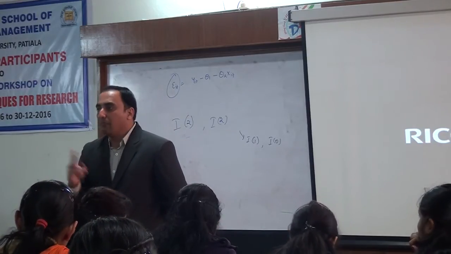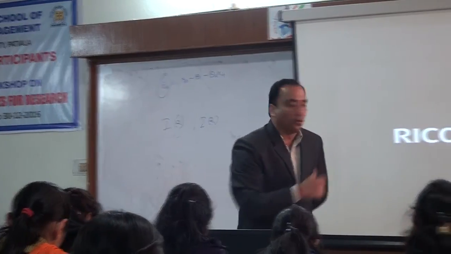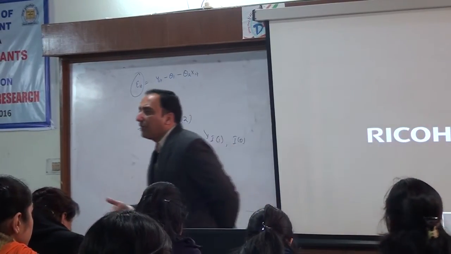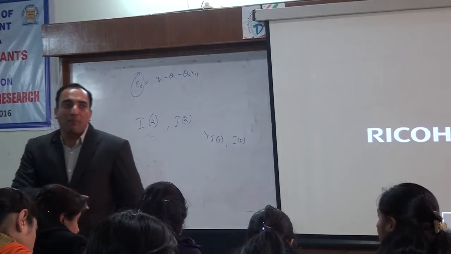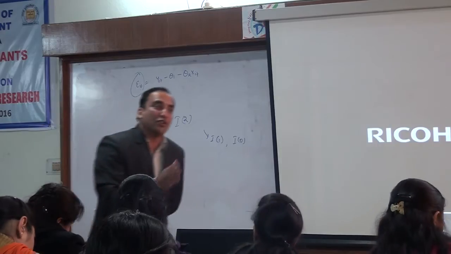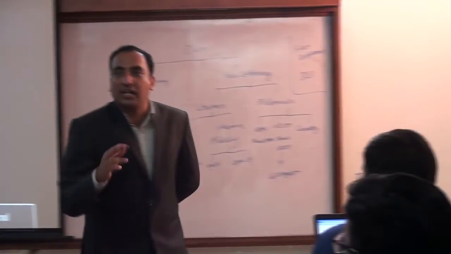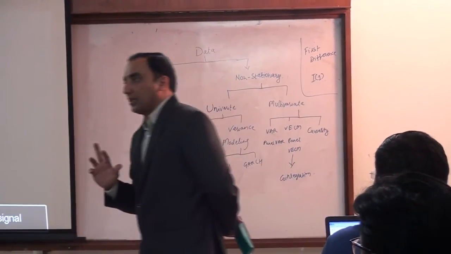So both-way causes are possible. In that kind of thing you can also do it. Similarly, in firm performance we see that capital structure may impact profitability, profitability may impact capital structure. Capital structure may impact size, size may impact capital structure. So there can be two-way causality.